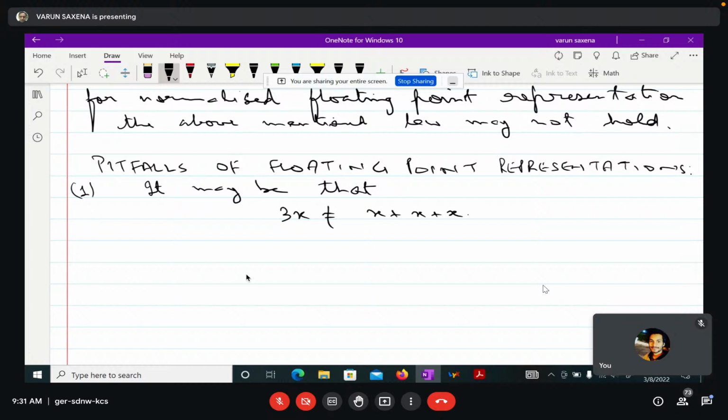Generally, arithmetic says that they should be equal, but when you do floating point, they may not be equal. Or for example, 4x may not be equal to x plus x plus x plus x. If I give you some x and you perform 4x, the result would be different from the result you get if you add the same x 4 times, taking the sum each time and adding the next one. You will get something which will not be equal to 4 times. We will do that as an example once we are doing numericals, but this is important.